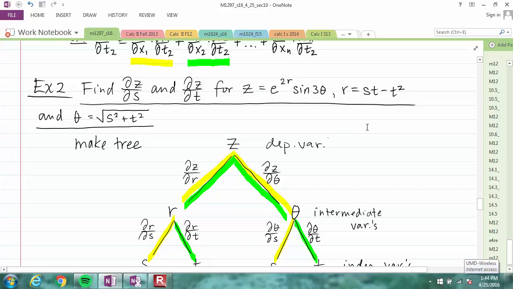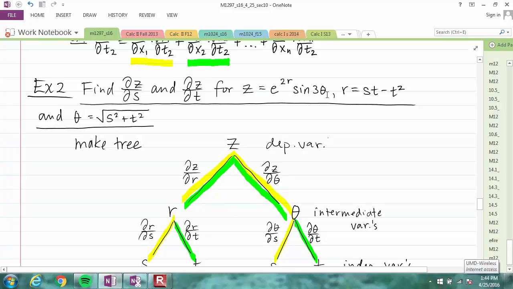Alright, make the tree. You're asked to find the partial with respect to what's going to be the dependent variable, z, the top of your tree. Okay, z is the star of the Christmas tree here. That is the part that is the top of the partial derivative. So z goes on top. And then see what z depends on. z depends on r and theta, right?